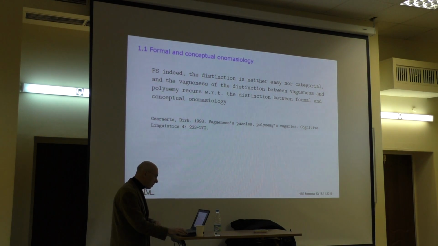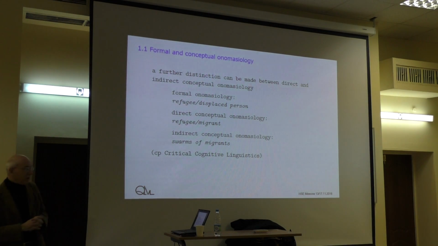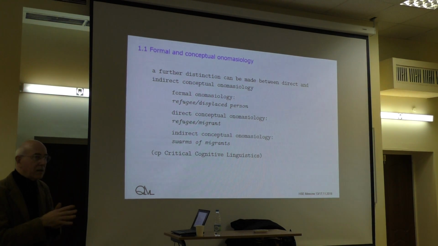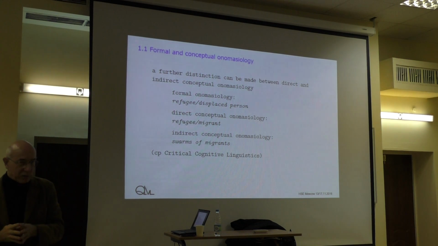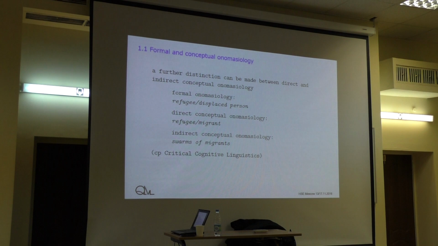Then one more thing I want to mention is a further distinction that we can make between direct and indirect conceptual onomasiology. Because if we think of onomasiology as construal, then we also have to accept that the construal is not always situated in the terms that we use directly to name things.